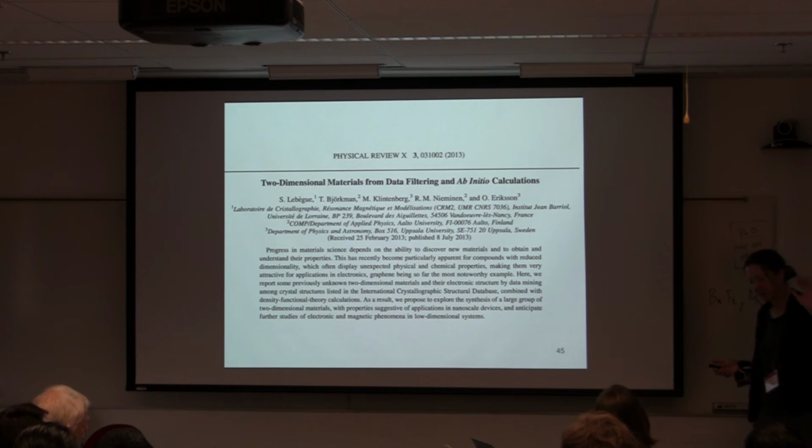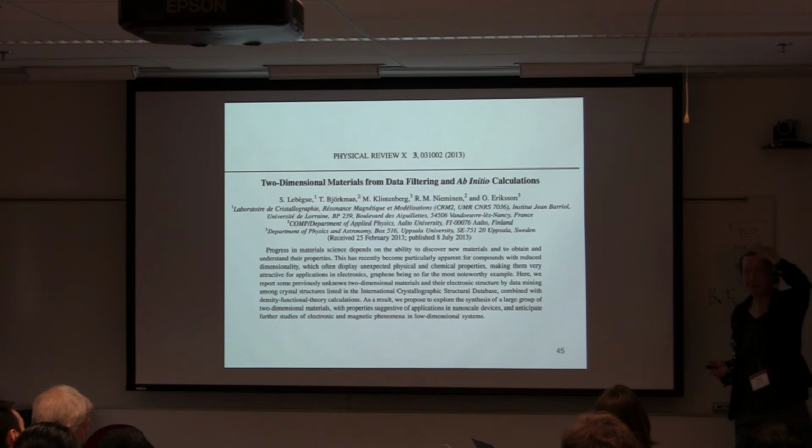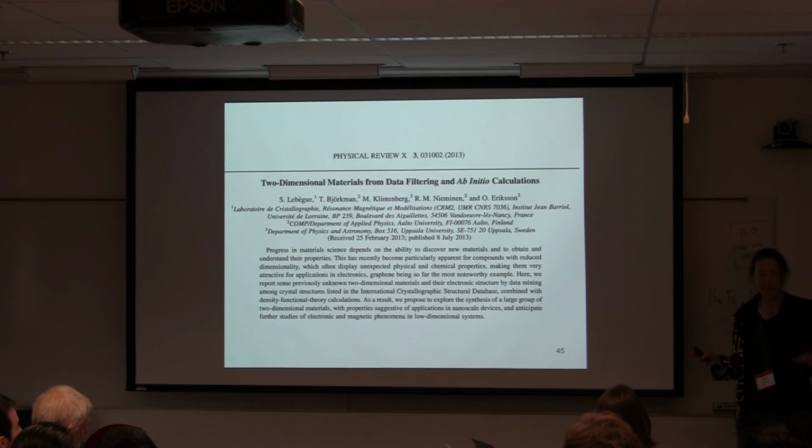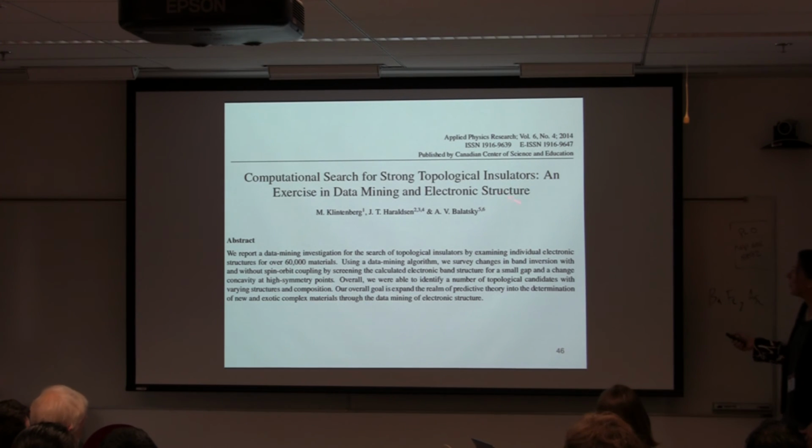And of course, this whole band structure thing is even more important for topological materials. I mean, that's where the band structure is everything. You're looking for certain features in the band structure. So these topological people have really gone to town on this too. And here's an example: a computational search for strong topological insulators.